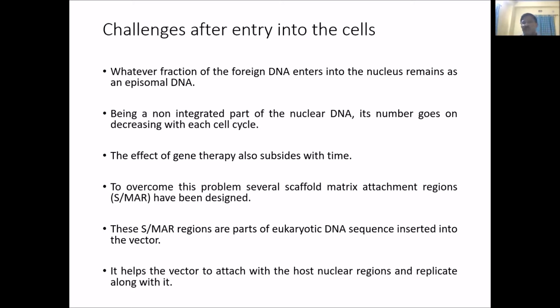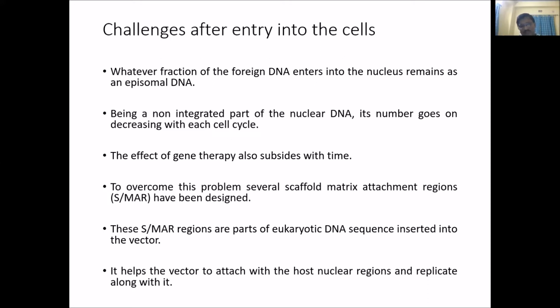But we have also got the remedy for that. We have taken out a fine segment of the nuclear DNA and tagged our artificial gene that has been introduced into the nucleus with it. This scaffold matrix contains a small part of eukaryotic DNA sequence which has been attached to the vector. So now the vector doesn't remain far away from the nucleus but goes very close to it, as it contains the eukaryotic DNA segment as a scaffold matrix attachment factor.